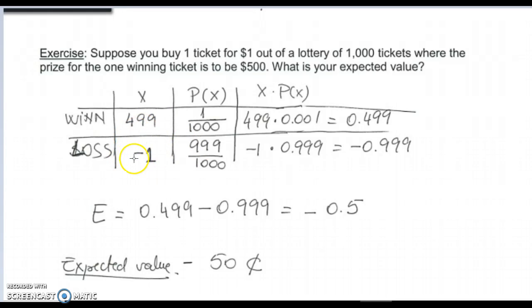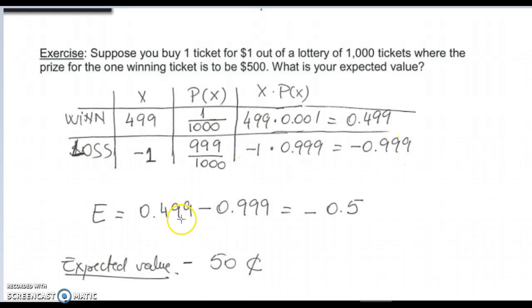So I'm minus 1. What's the probability that I lose? Well, I bought 1 ticket. There are 1,000 tickets out there. Only one of them's a winner, so 999 are losers. So 999 out of 1,000 chance that I'll lose. So I've got -1 because I lost $1 times 0.999. That gives me minus 0.999.